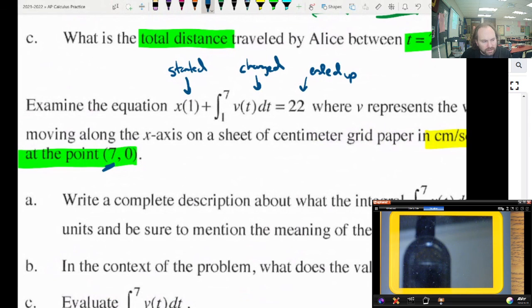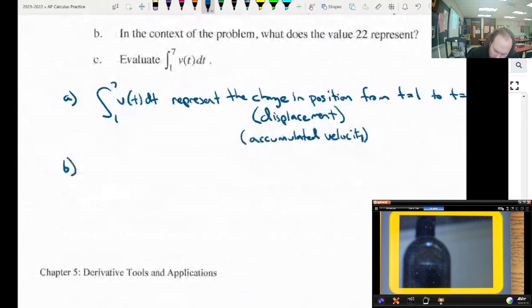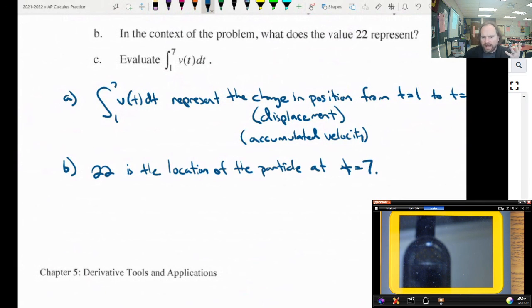So 22 is the location of the particle at t equals 7. That's going to be your answer for part B. 22 is the location of the particle at t equals 7. That's it. That's where it actually is.